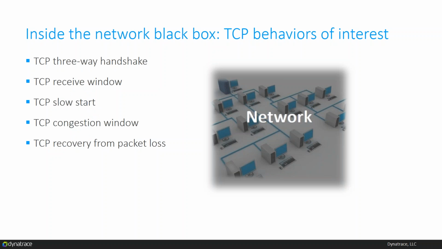These are the 5 behaviors. I'm not going to label them or read them, but we are essentially opening up what we often refer to as the black box of the network to see more accurately how TCP flow control impacts data delivery.